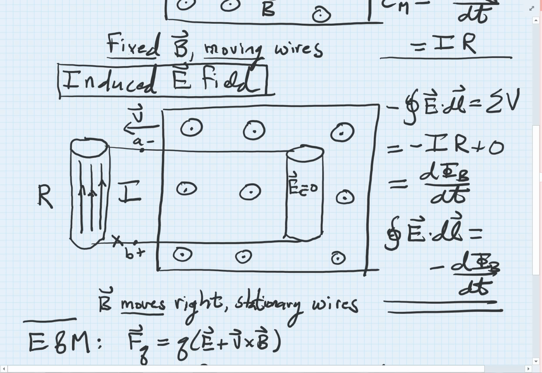And so that's a new result. No longer is the integral of E dot dl zero, but it has a very specific value that's tied to the time derivative of the magnetic flux through the loop around which I'm integrating E dot dl.